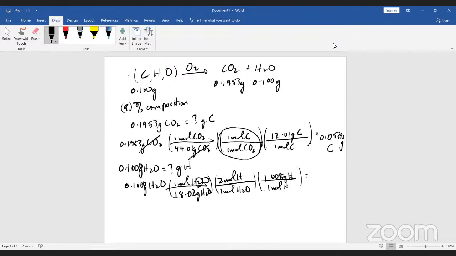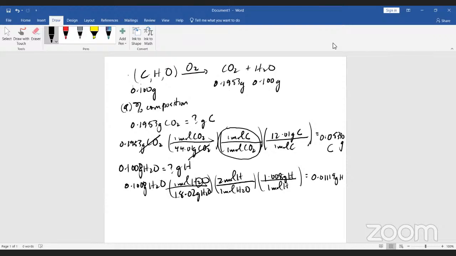Okay, so that's 0.1 divided by 18.02 times 2 times 1.008. And according to my calculations, this works out to be equal to 0.01119 grams of hydrogen, all right?